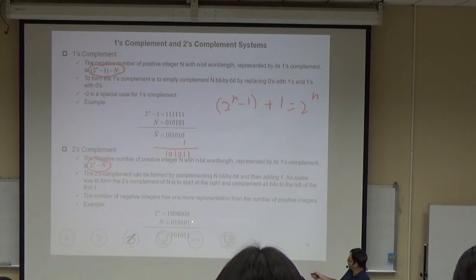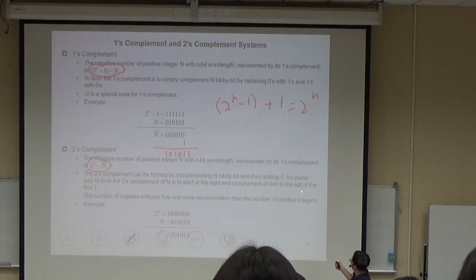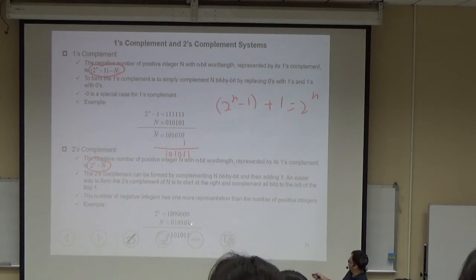You start from the right. Start at the right and compare all the bits to the left of the first one. So from the right is this one, and you find the first one here, and complement all the bits left of the first one.